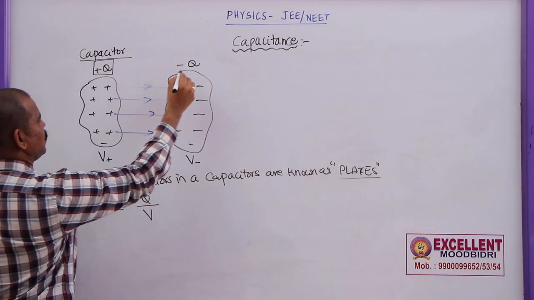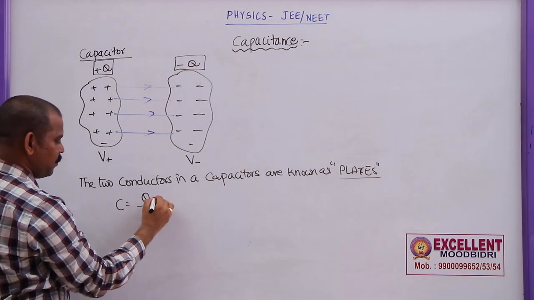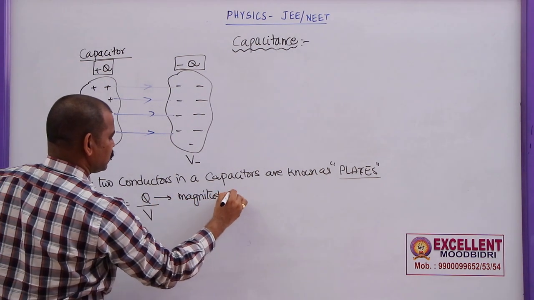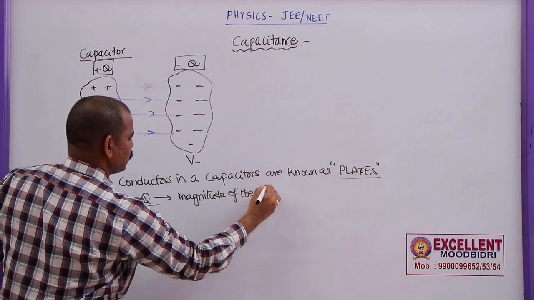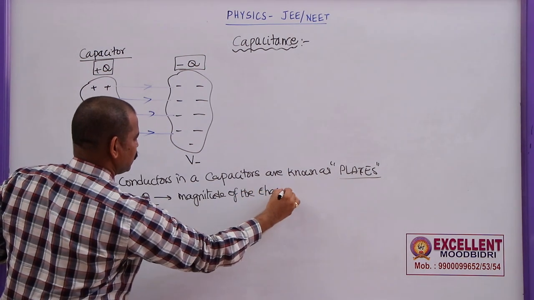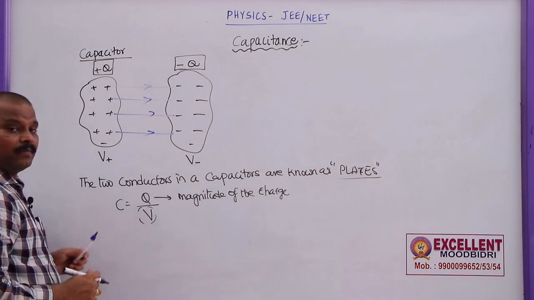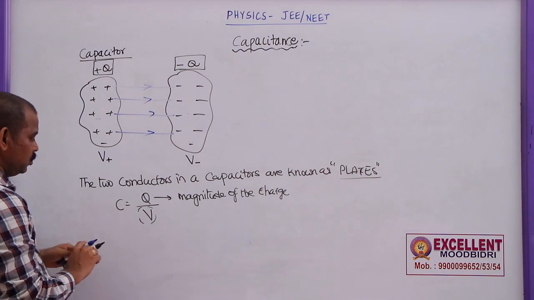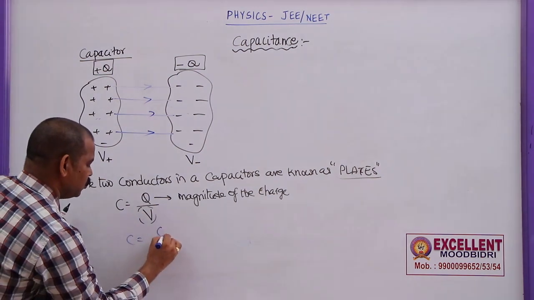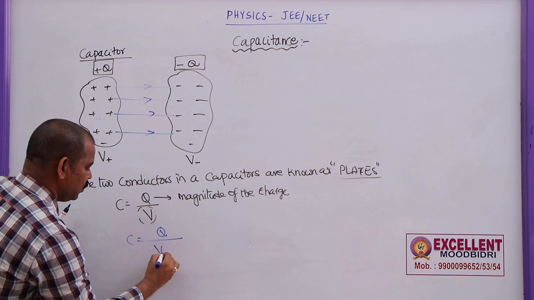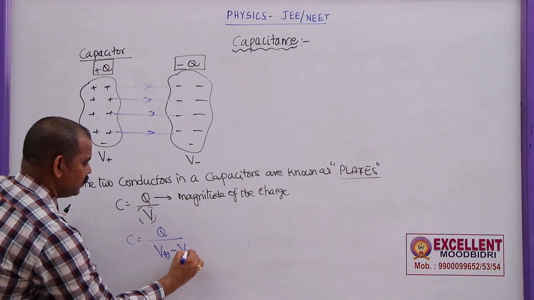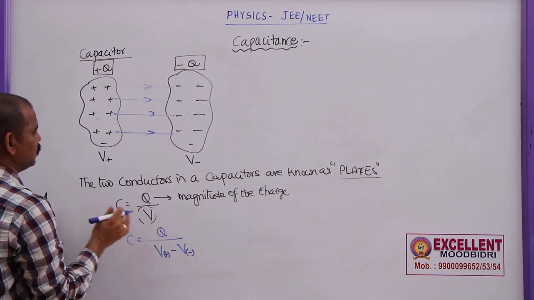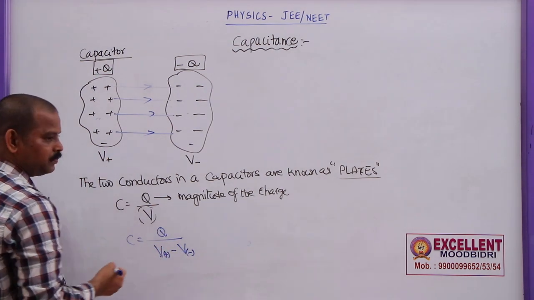Here it is plus Q, here it is minus Q, but you take only the magnitude of the charge. And V is the potential difference between the two conductors or two plates. So you can write C is equal to Q by V positive minus V negative. This is the positive potential, this is the negative potential. So how to find the difference between these two?